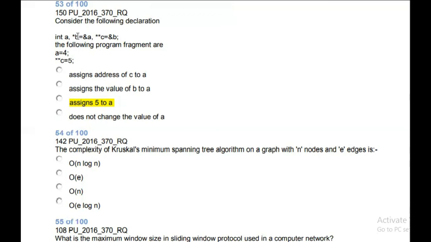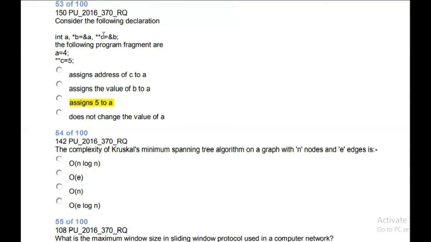So here *B, B is an address operator, and *B is equal to &A. So the address of A is stored inside B. Then *C is equal to &B.